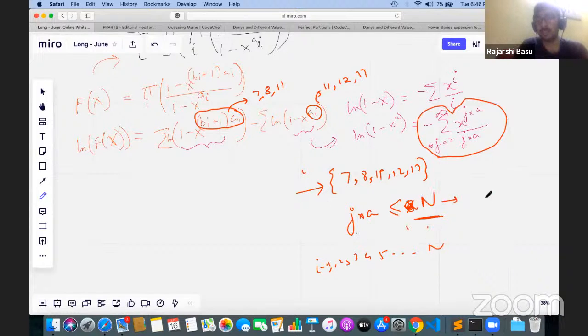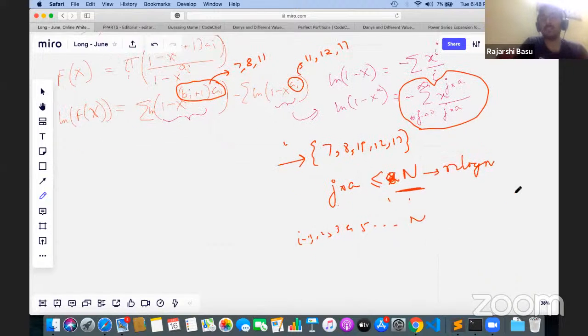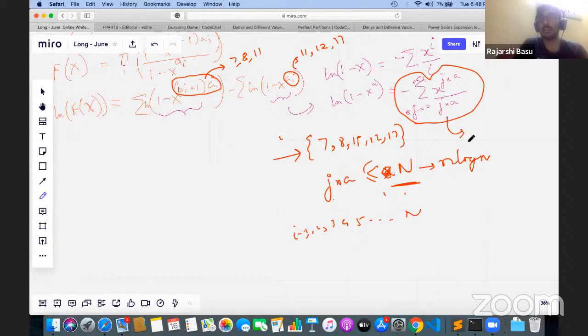That means this effectively becomes n log n, right? Because how many times do you include this summation, so this will give result to a polynomial, let's say p of x.